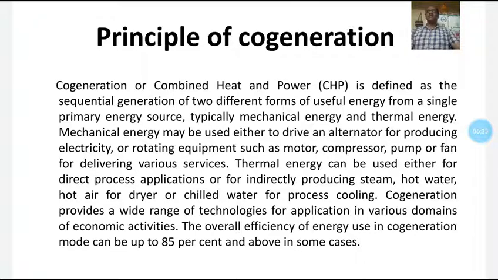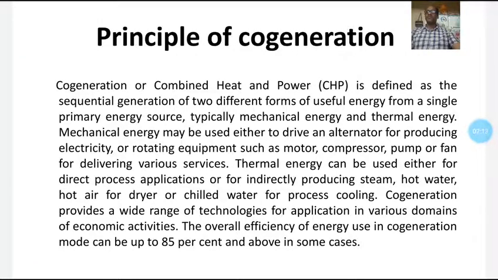Mechanical energy may be used either to drive an alternator for producing electricity, or rotating equipment such as a motor, compressor, pump or fan for delivering various services. Thermal energy can be used either for direct process application or indirectly for producing steam, hot water, hot air for dryers, and chilled water for process cooling.